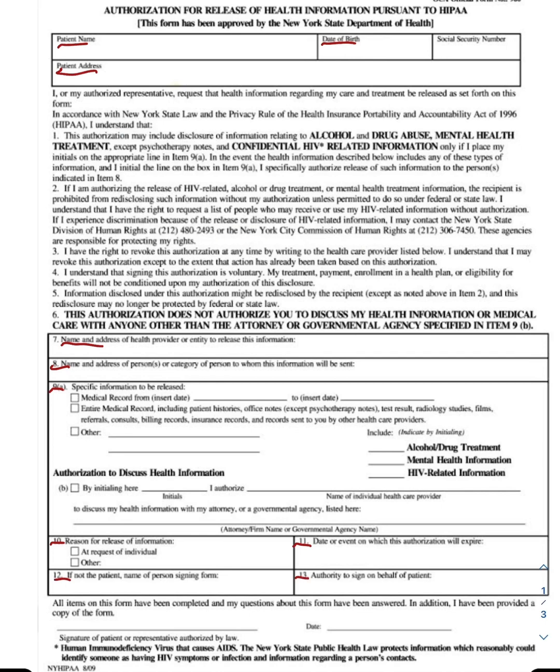These are, of course, extras right here, but mandatory, within reason, and we'll discuss that further in a little bit. All these things that I just marked are required elements in order for us to properly release a copy of your health information if you were using this form.